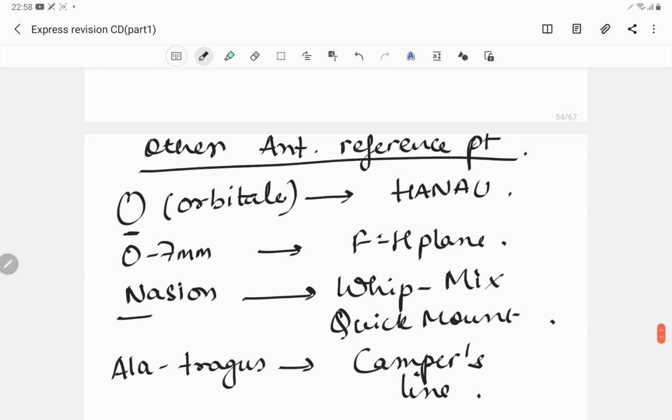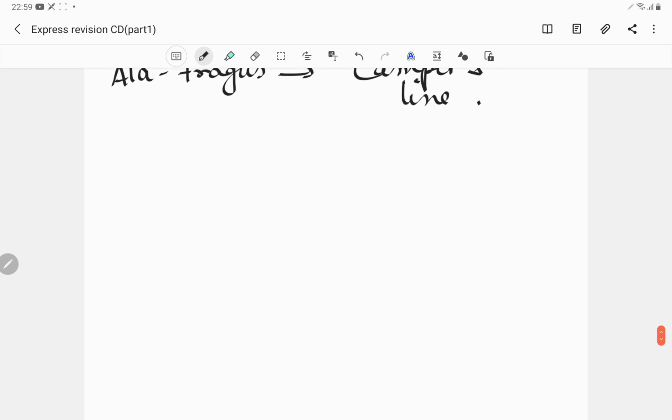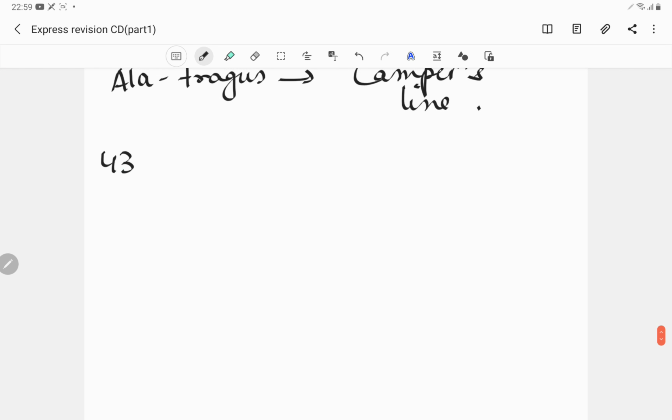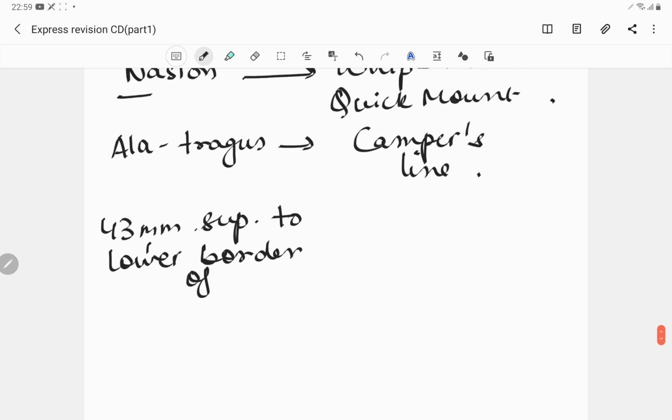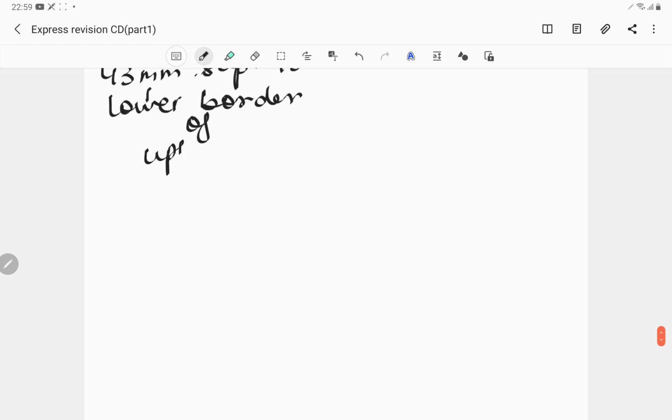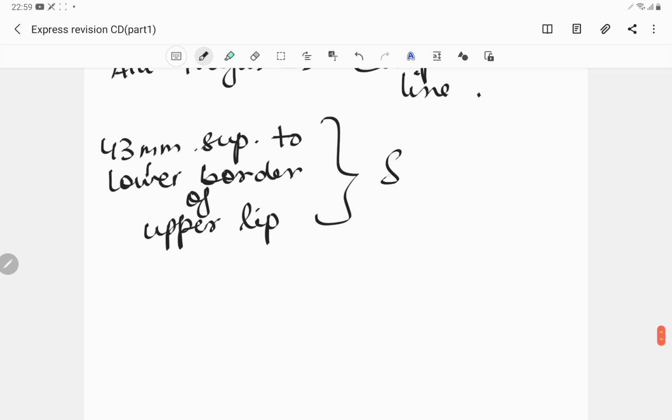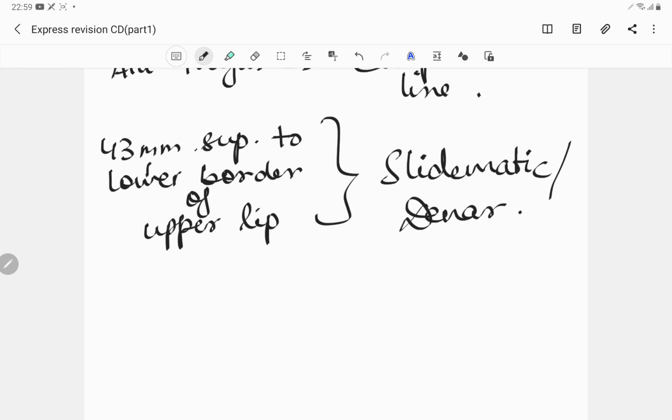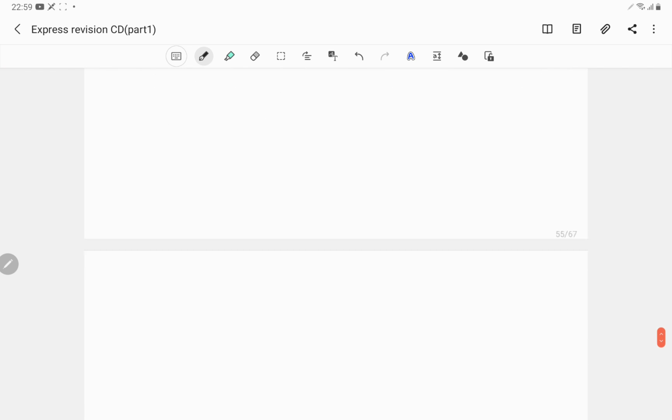Then there is the 43 millimeters superior to the lower border of the upper lip, which we have just now covered, for the slidematic or Dinar type, right? So this finishes the orientation jaw relation.